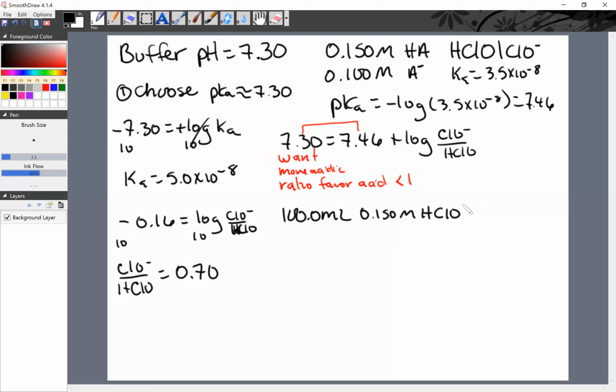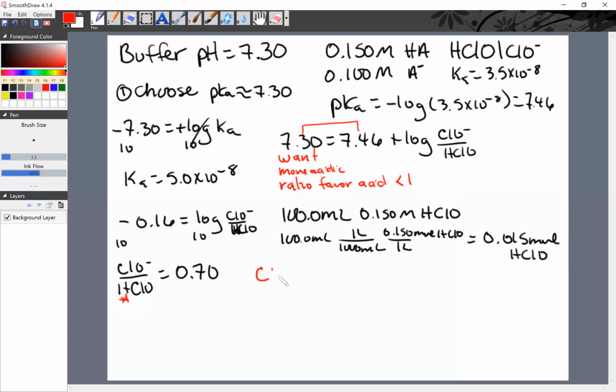So again, convert out of milliliters and into liters. And I know for every liter, there's 0.150 moles. So in that 100 milliliters, I have 0.015 moles. Okay, so I know this piece. So I'm going to plug it in.